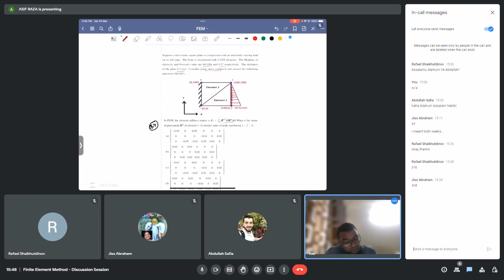Question number 4. Is the question clear for everyone? The element in consideration for this question is a CST element.